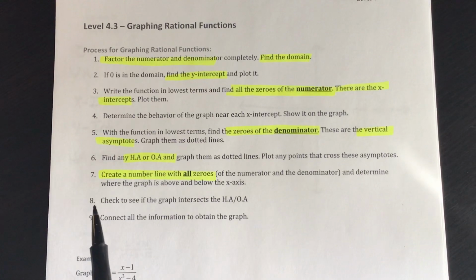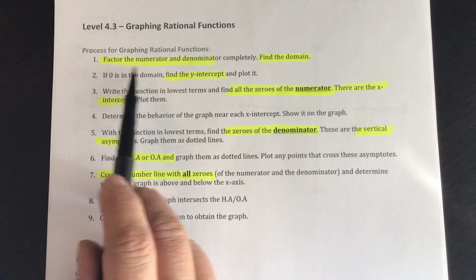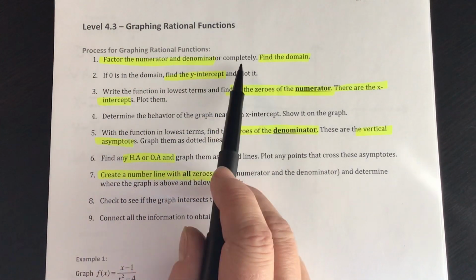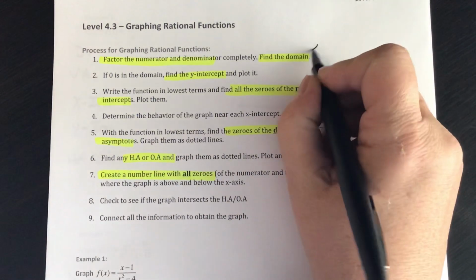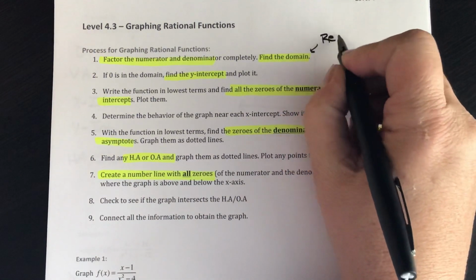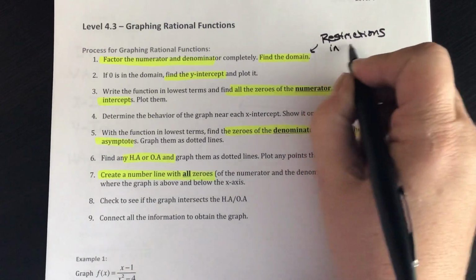So the process for graphing rational functions starts off with factoring the numerator and the denominator completely. And this will help us find the domain. So again, we're looking for restrictions in the denominator.